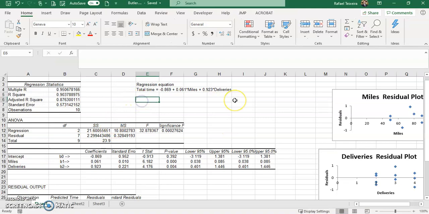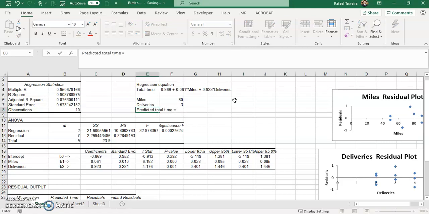If I want to predict the total time, let's say I have an assignment in which the miles is 80 miles and deliveries are 3 deliveries.